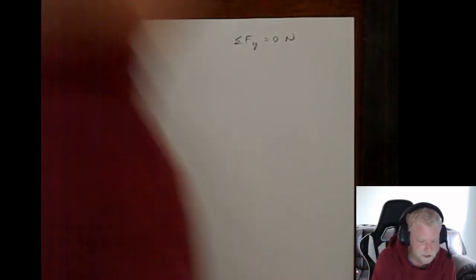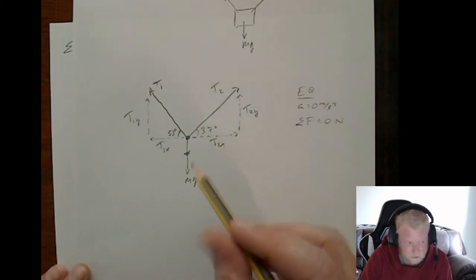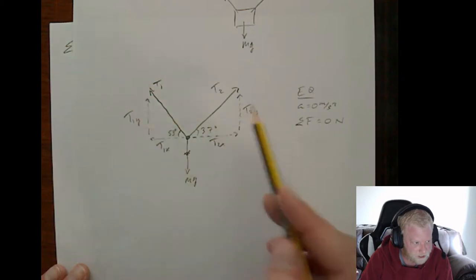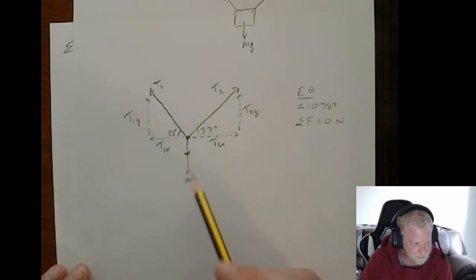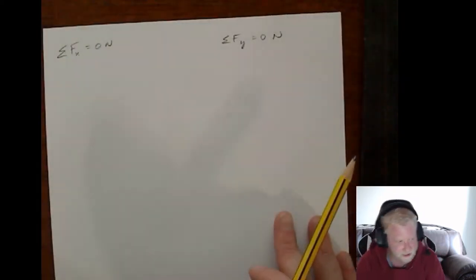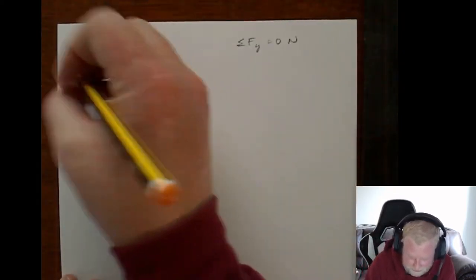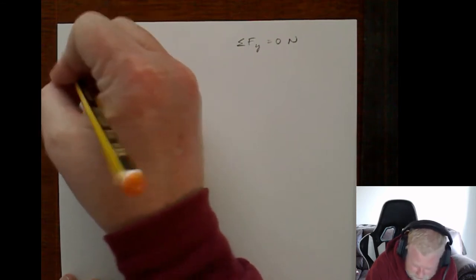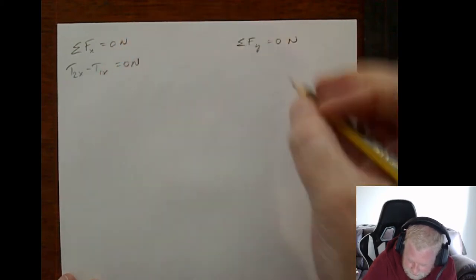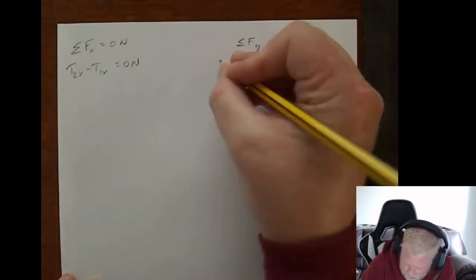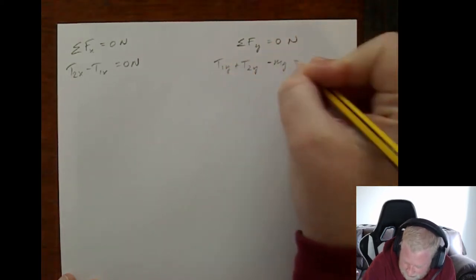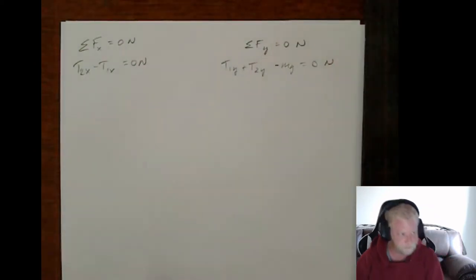If we look at our free body, in the horizontal, we got T2x balancing out T1x, and we have T1y and T2y balancing out the gravitational force. So let's reflect that in our second law statements. So T2x minus T1x is equal to 0 newtons. And T1y plus T2y minus mg is equal to 0 newtons.